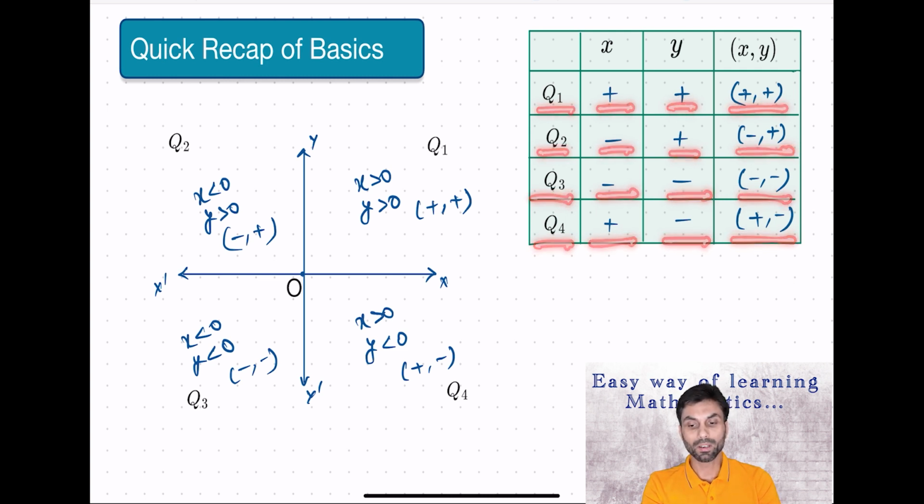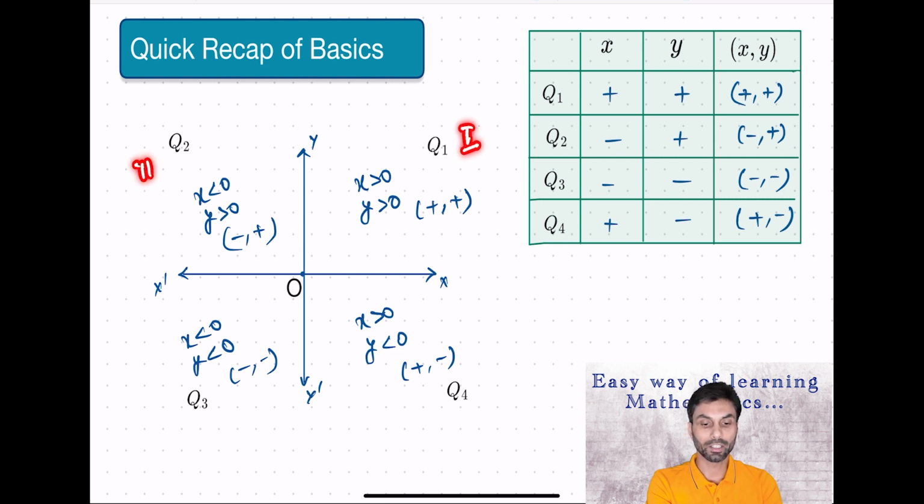Now one more thing, remember that the quadrants Q1, Q2, Q3 and Q4 can also be written as quadrant 1, quadrant 2, quadrant 3 and quadrant 4. And we can further denote them in terms of letters.